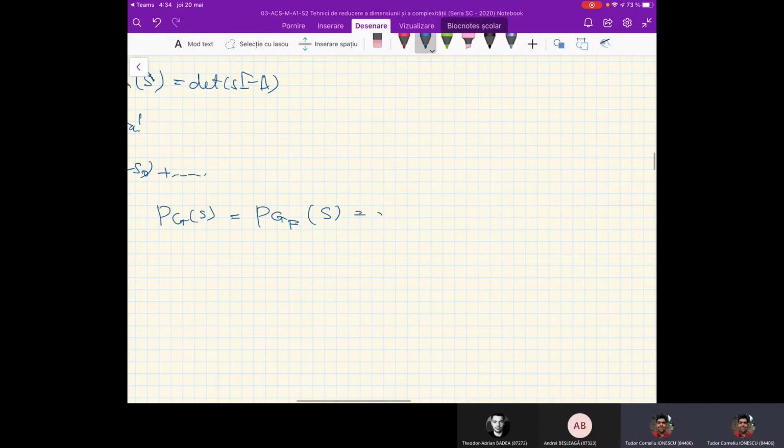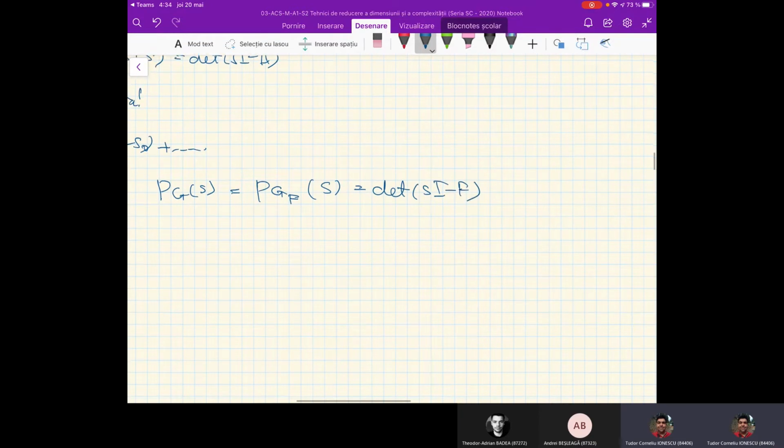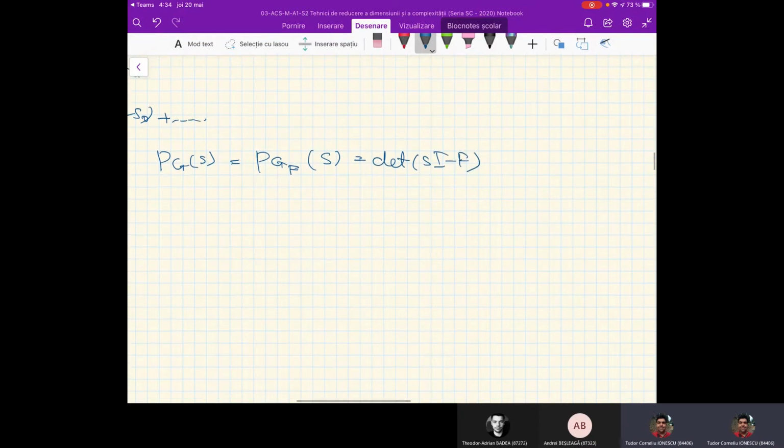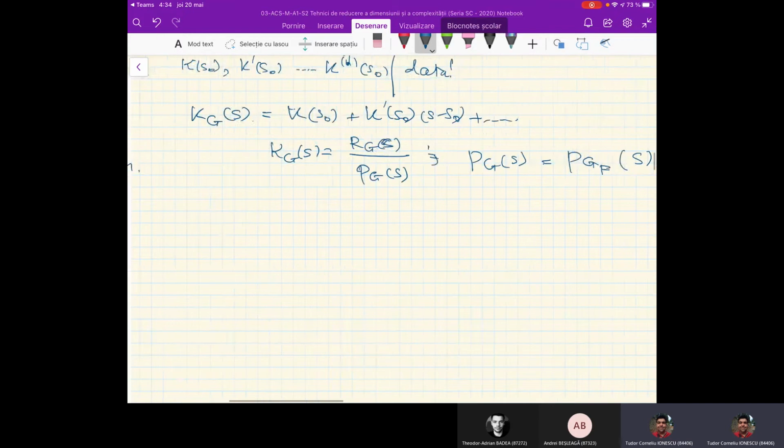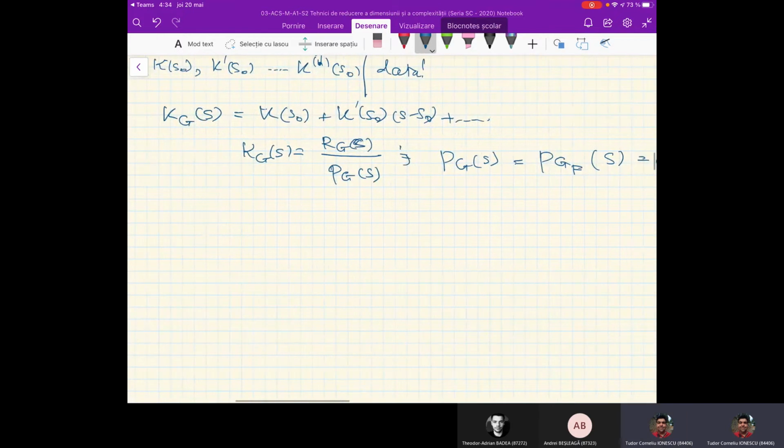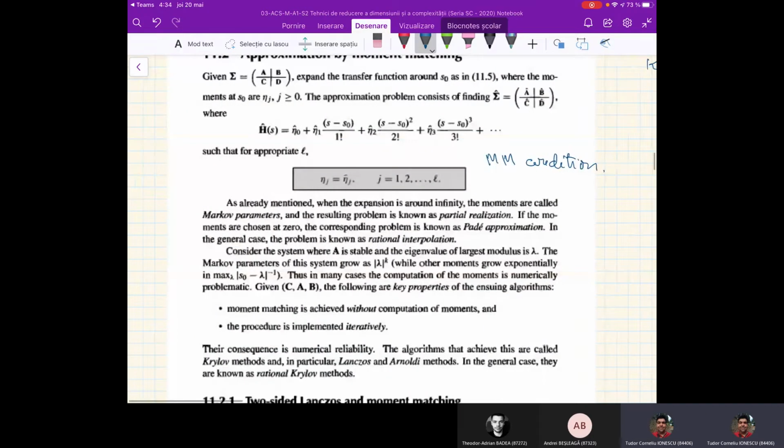So this is the determinant of sI minus F. But note that F and G and H are not known. But that's why it's called rational interpolation, because you want to interpolate this data with a rational function, knowing that the function that generates the data is also a rational function. All right.